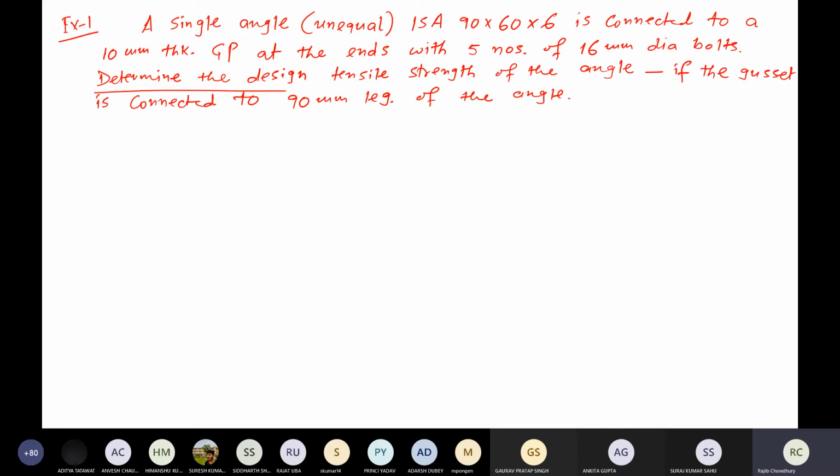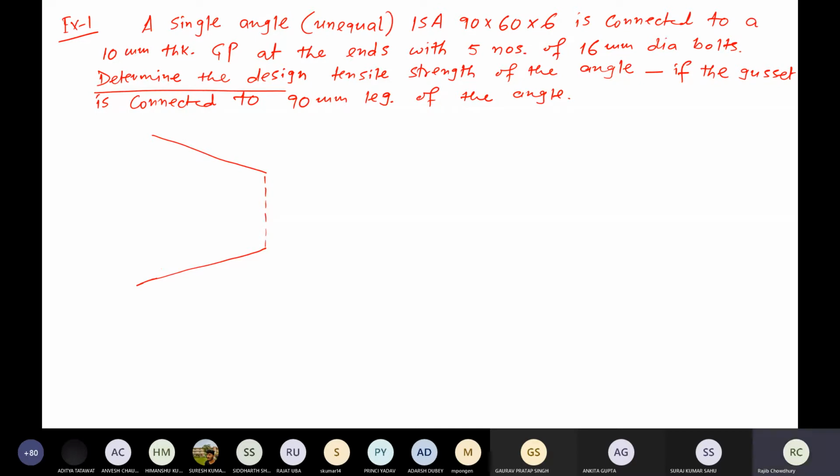Okay, so in a typical schematic, if I want to draw here, this is my gusset.